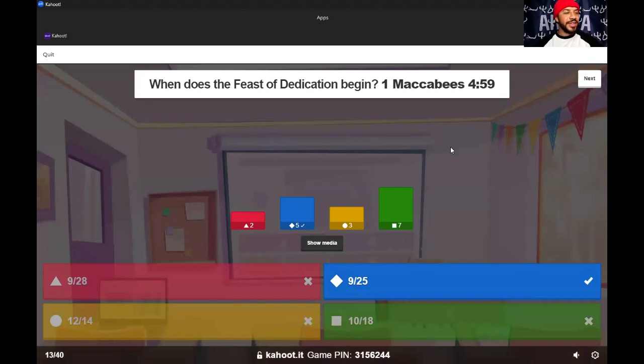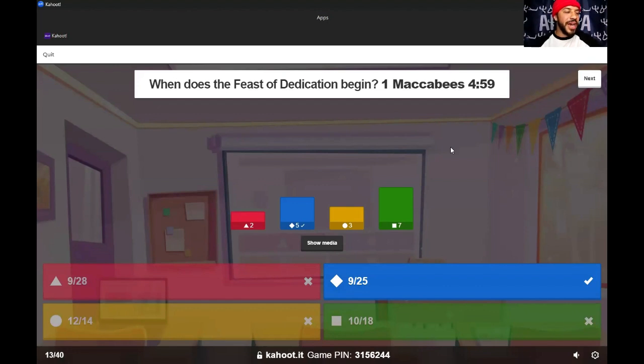Oh, let's go to it. First Maccabees. And this is on the calendar I posted today. I told Amy, I said, I'm posting this and we'll see who is on it. Let's go to it. When does it begin?